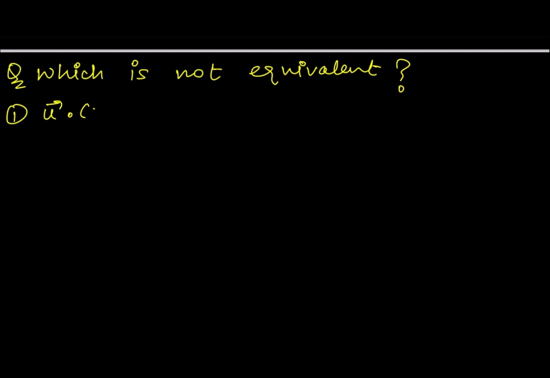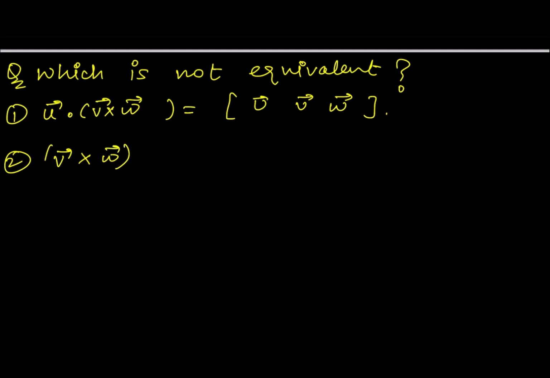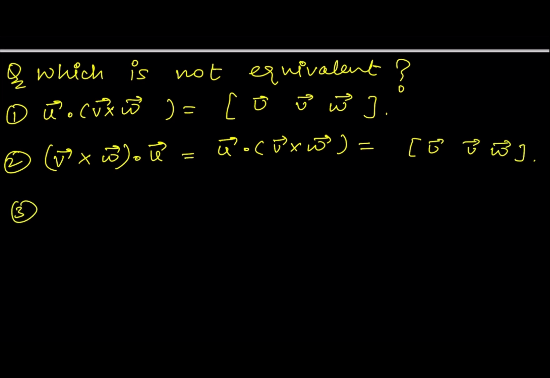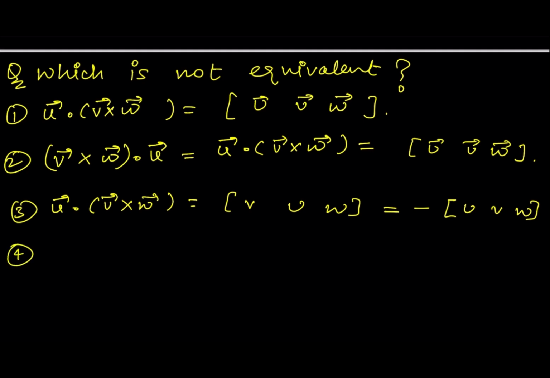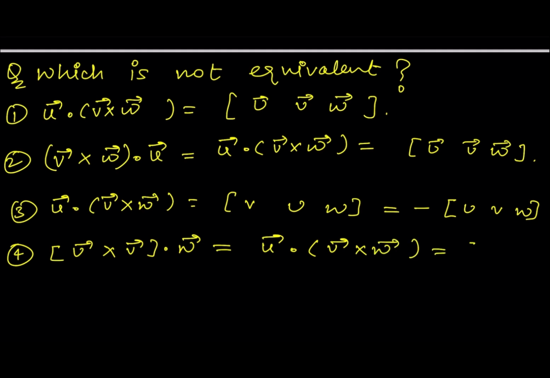First is U dot V cross W is equal to box of U V W. Second one is V cross W dot U is equal to U dot V cross W, which is box of U V W. Third is box of U V W is equal to box of V U W, which is minus of U V W. Fourth one is box of U cross V dot W is equal to U dot V cross W is equal to box of U V W.